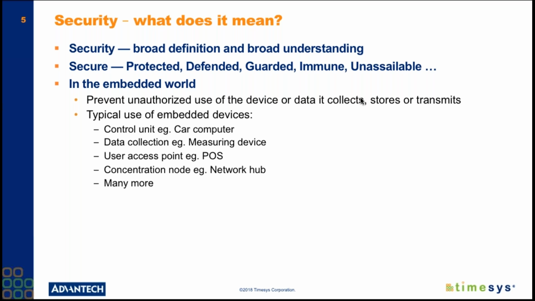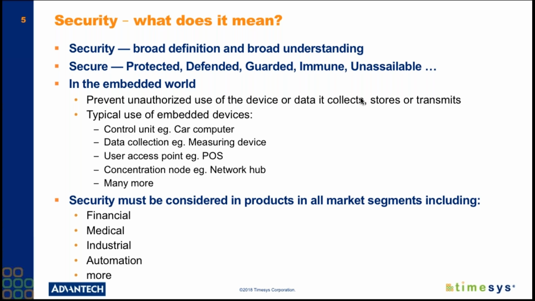And in embedded devices, I pulled up a couple of examples. In a control unit example, something that we would mount in cars. Data collection is used in measuring devices, user access point in point of sales, and so on.